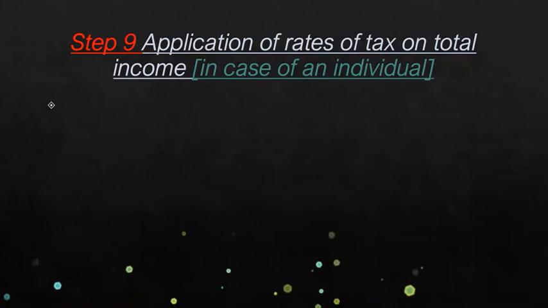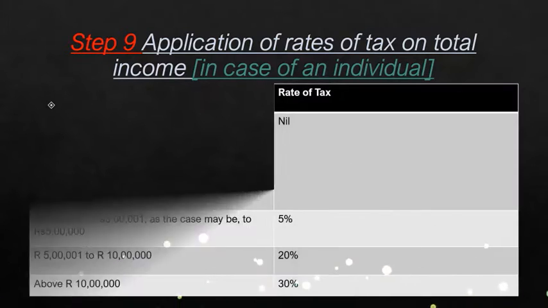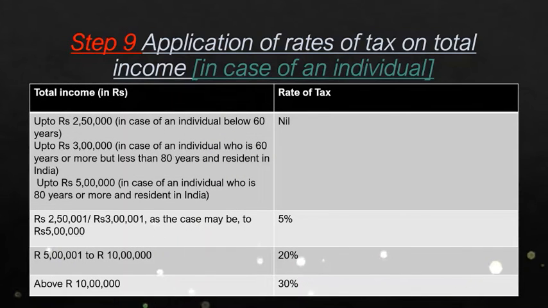Up to 5 lakh, in case of an individual who is 80 years or more and resident in India: Nil. 2,50,001 or 3,00,001, as the case may be, to 5 lakh: 5%. 5 lakh to 10 lakh: 20%. Above 10 lakh.